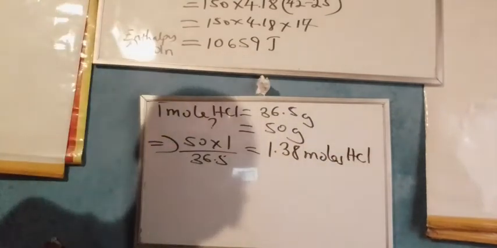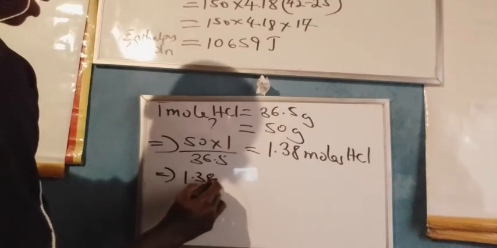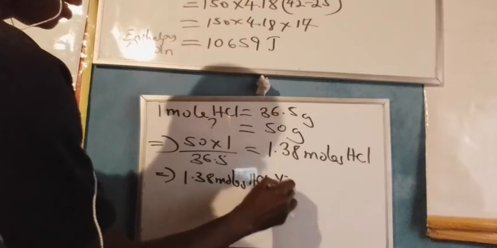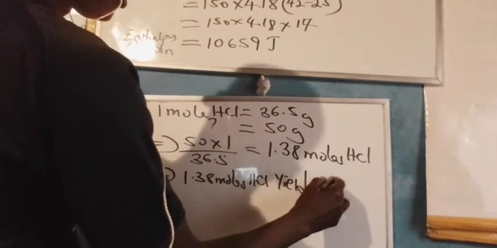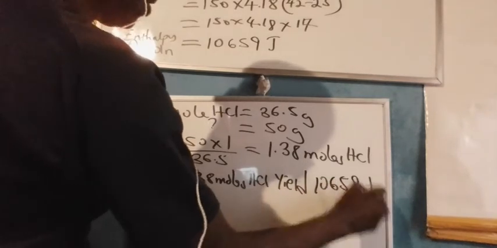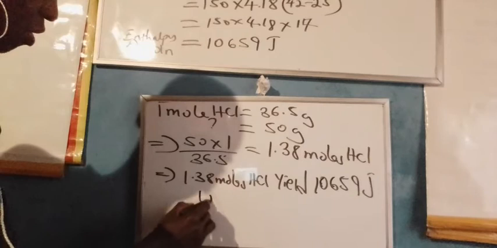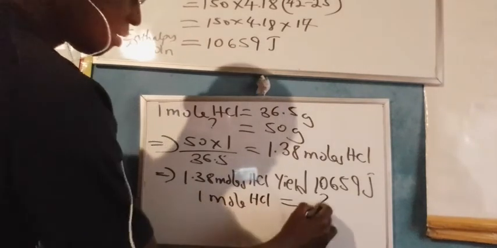In summary, therefore, we can say that 1.38 moles of HCl yield 10,659 joules of energy. So how much energy would 1 mole of the same substance yield?